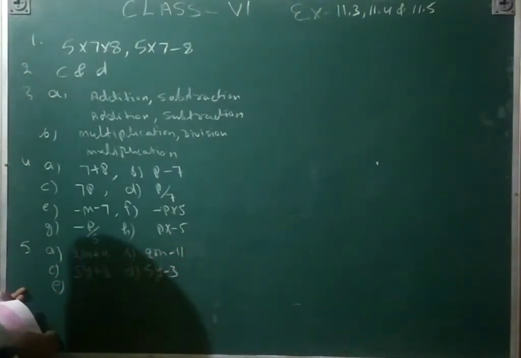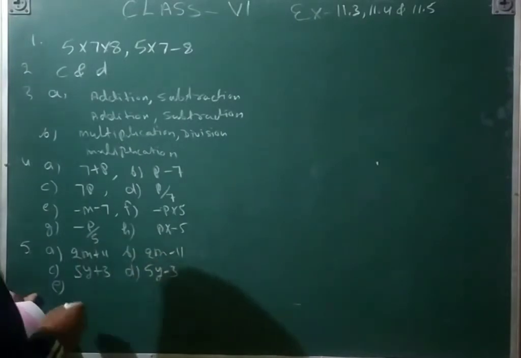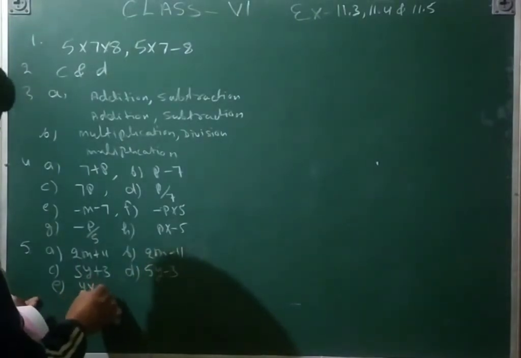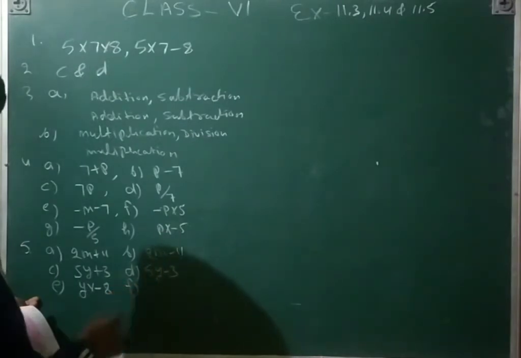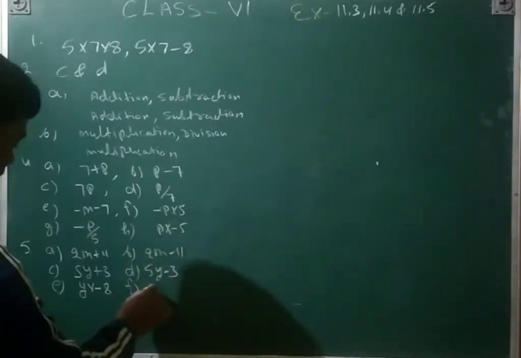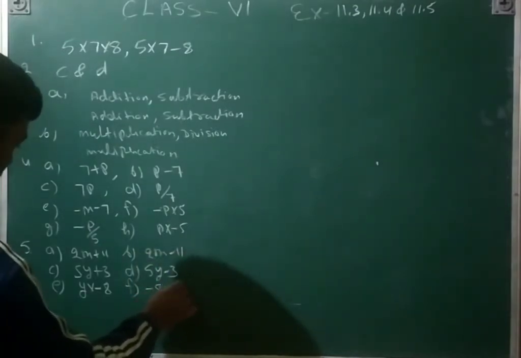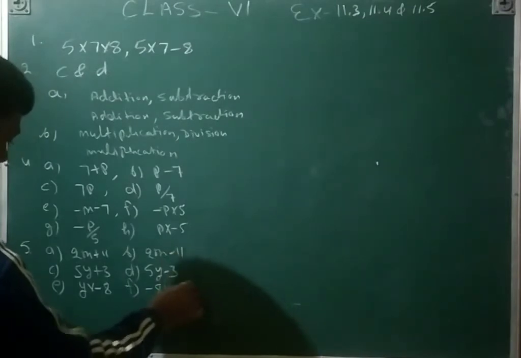E, y is multiplied by minus 8, so y multiply minus 8. F, y is multiplied by minus 8, then 5 added, so minus 8y plus 5.